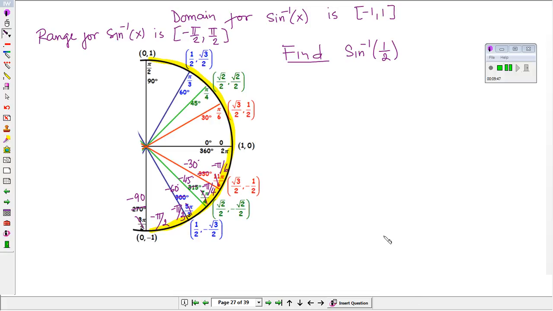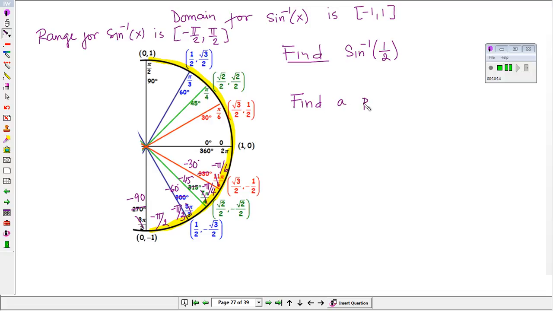So now we are going to look at the interval from -pi over 2 to positive pi over 2. And we're looking for the y because sine is y. So let me make a note for you here.